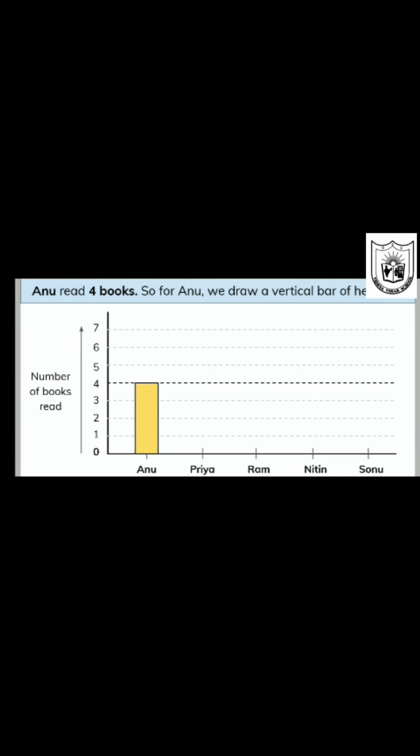Anu read how many books? 4 books. So for Anu, we draw a vertical bar of height 4. Can you see here? So this way you have to make a bar for Anu. She has read 4 books, so the bar will go up to 4, starting from the bottom.